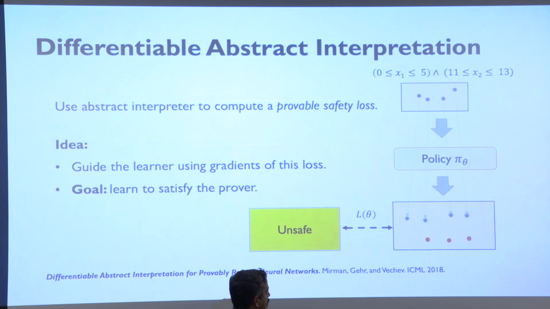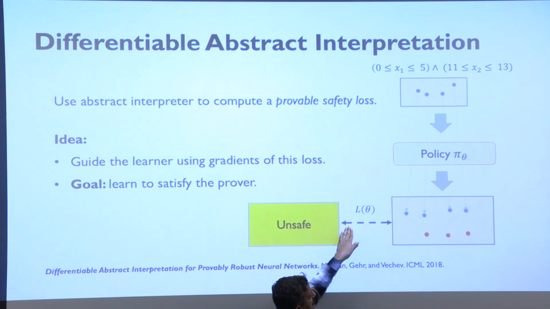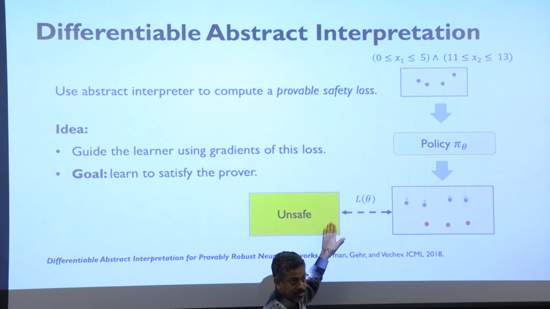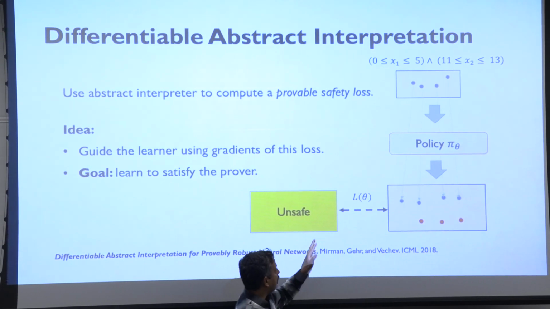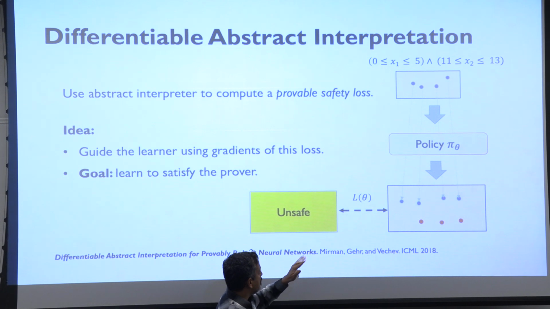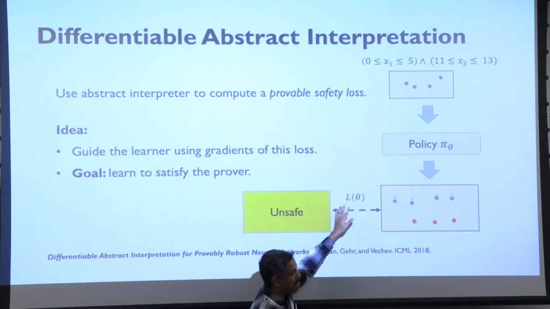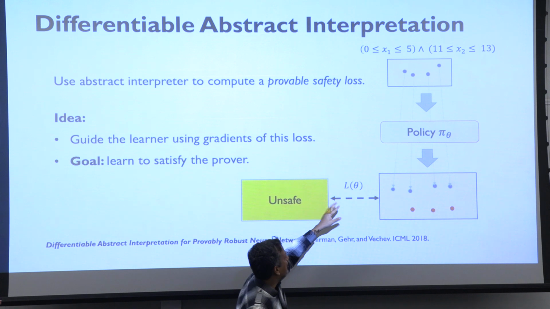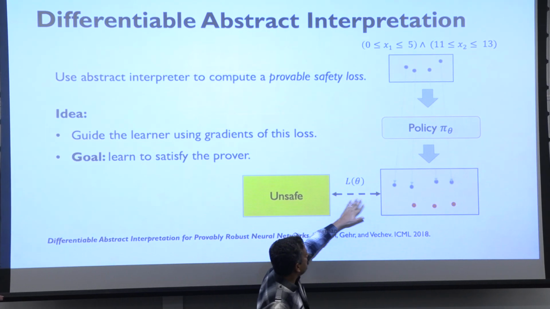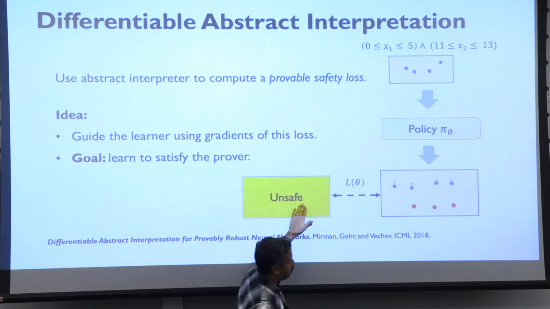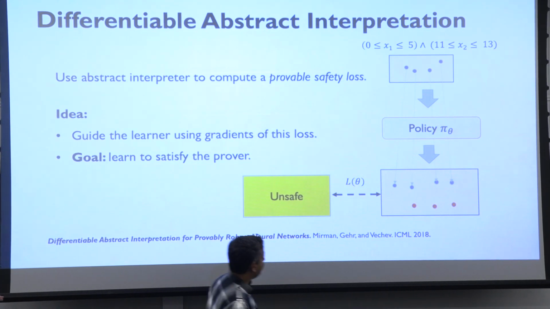This can be generalized. So you can use a distance function between this set and this set and use that as a loss function. Here you're maximizing, so it's not quite a loss, but more like a distance function. You want this set to be as far as possible from the set of unsafe states.